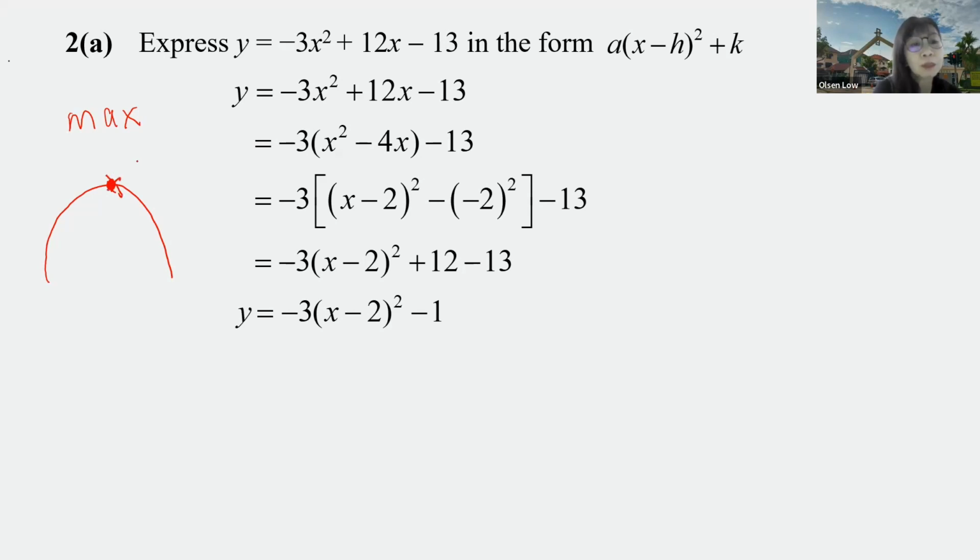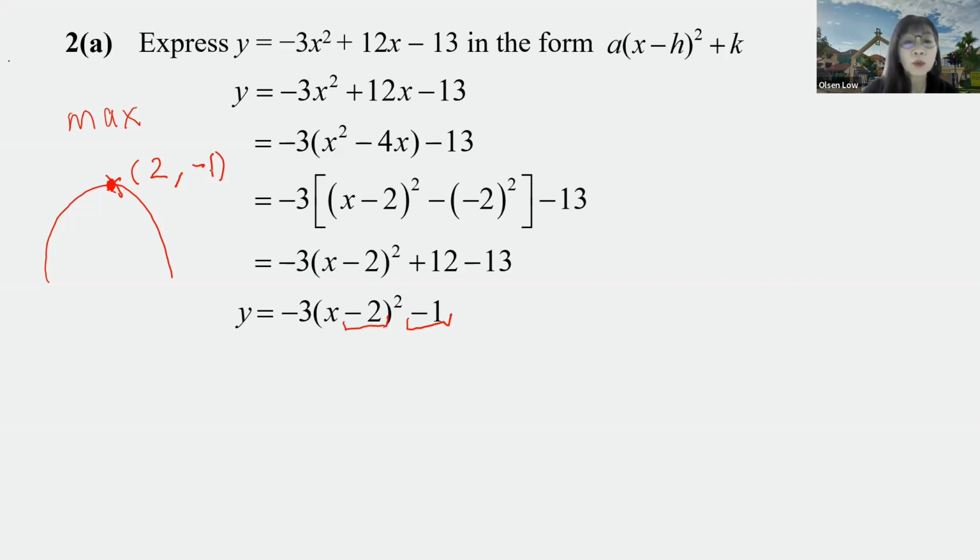From the expression, the value in the bracket gives you the x coordinate of the maximum point. In this case, the x coordinate of the maximum point will be 2. And this value, this -1, will be the y value for this maximum point.